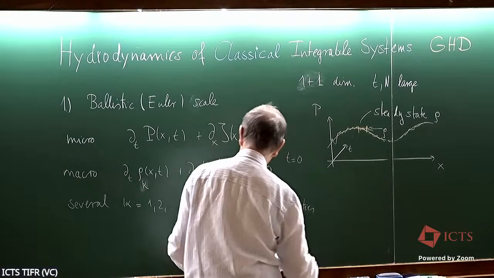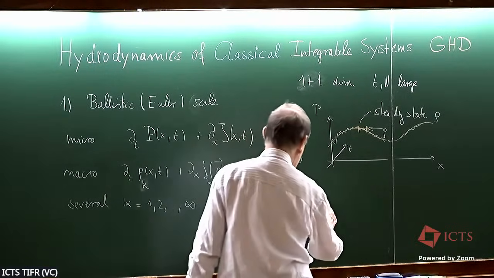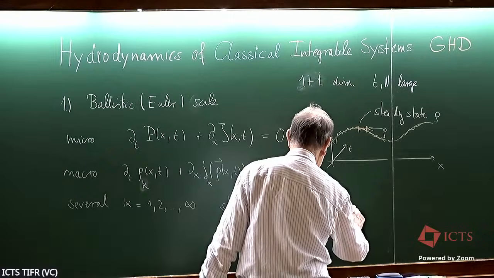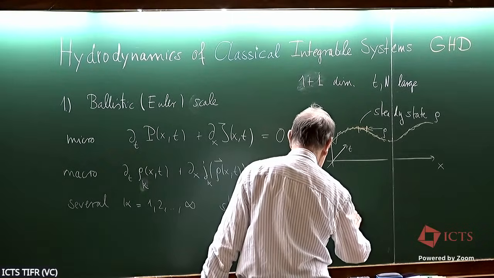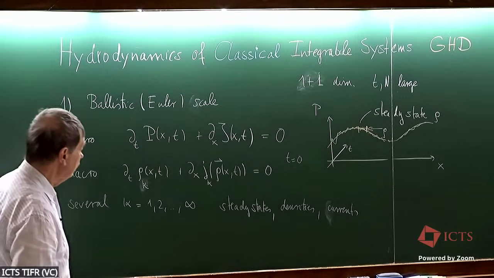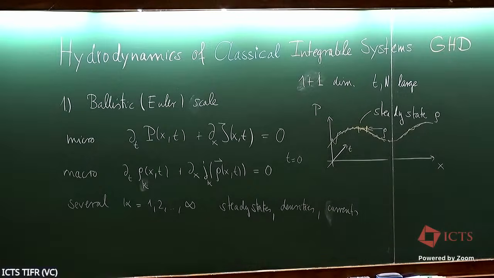And typically, the most difficult thing is actually to look at the average current. So let me put here just the currents. Okay. And this kind of program I want to explain to you in the context of classical integrable systems. And let me see, I wanted to say one thing.